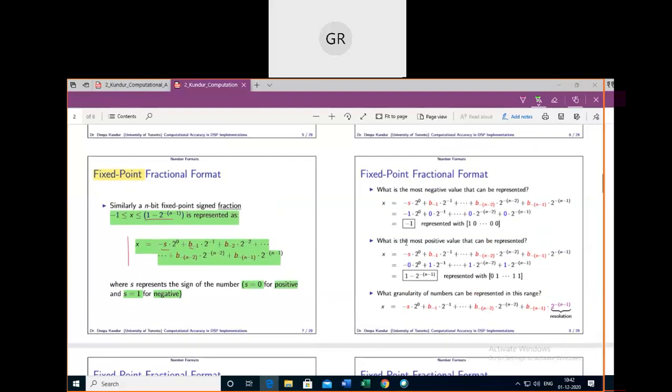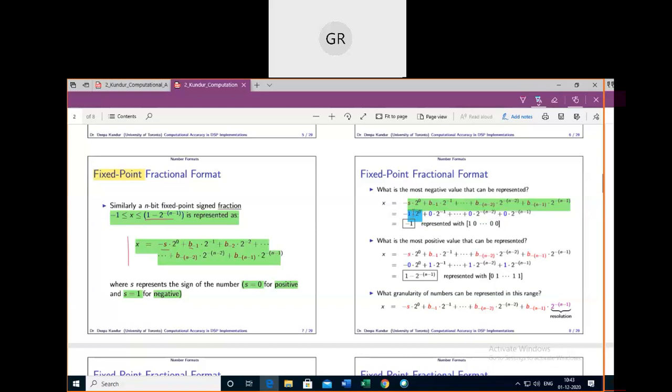Now here we can represent the most negative value and the most positive value. Consider the same format here. For the most negative value, s equal to 1. The remaining bit values are made 0. See the number format here. Here we substitute minus 1 into 2 raised to 0.